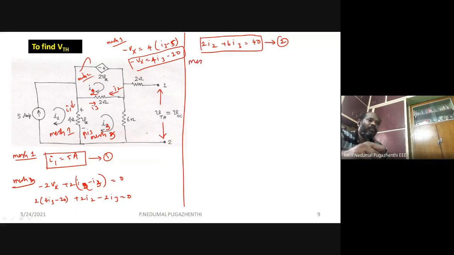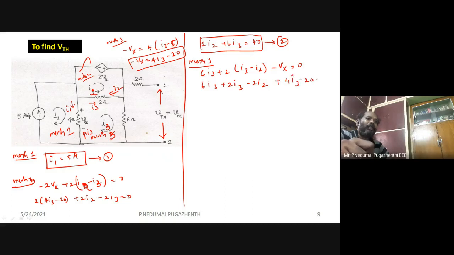Then we will go for mesh 3, the third loop. So I can write it like 6 into I3 plus 2 into I3 minus I2 minus Vx is equal to 0 from the third loop. What is minus Vx? We already know that it is 4I3 minus 20. So 6I3 plus 2I3 minus 2I2 plus 4I3 minus 20 is equal to 0.